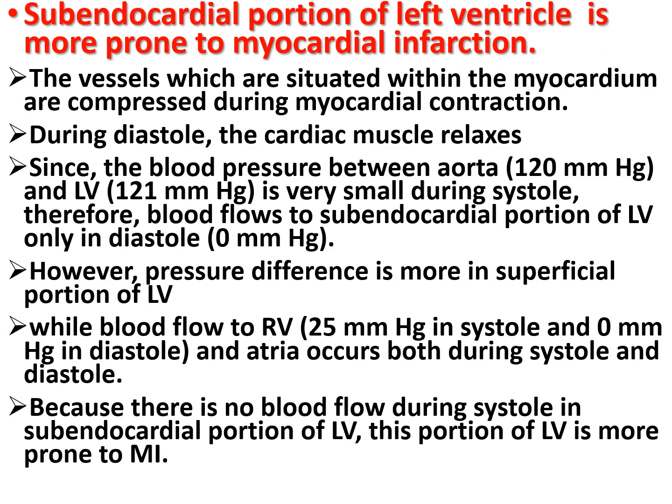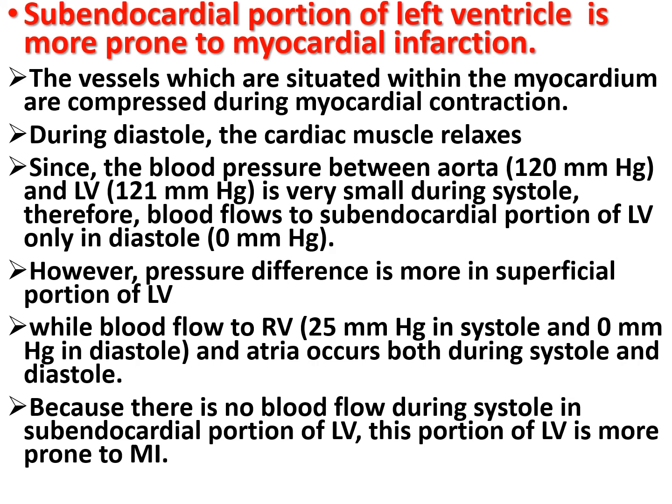The subendocardial portion of the left ventricle is more prone to myocardial infarction. Why? The vessels situated within the myocardium are compressed during myocardial contraction, and during diastole the cardiac muscle relaxes and no longer obstructs the blood flow through the left ventricular muscle capillaries, so the blood flows rapidly during all of diastole.